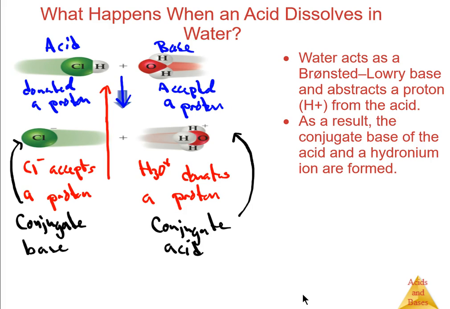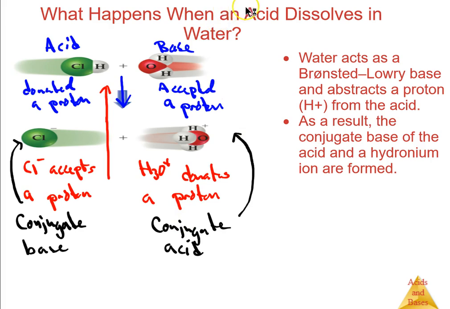So the conjugate base is the thing that will accept a proton in the reverse reaction. It acts like a base. The conjugate acid is the thing that will donate a proton in the reverse reaction.